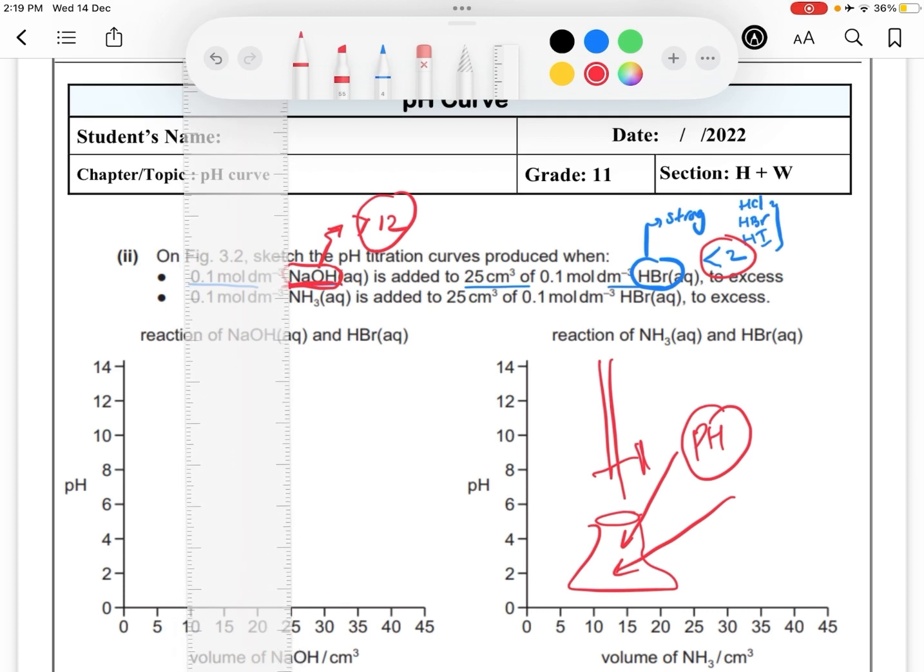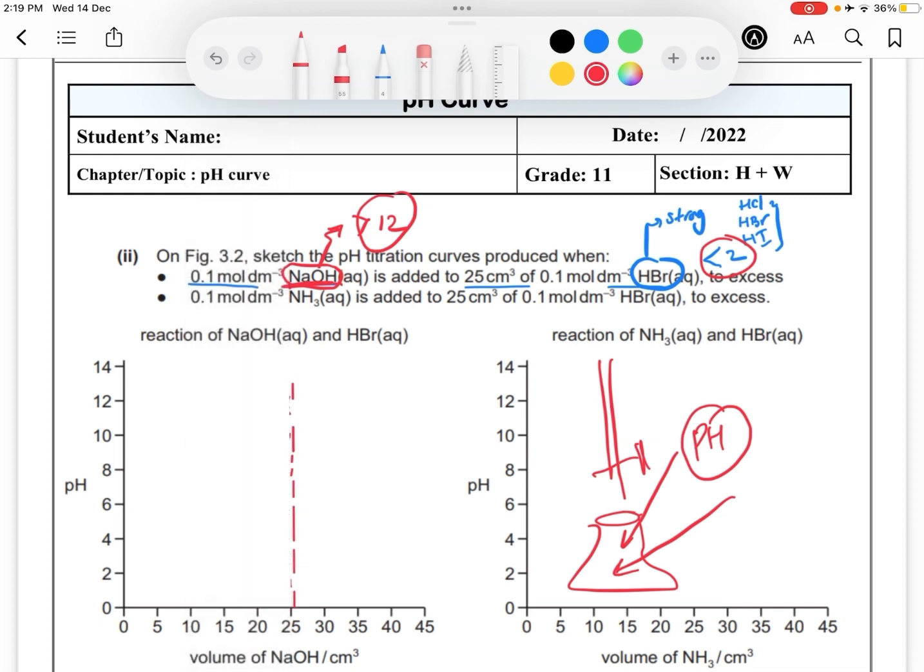Okay, so right here, the pH meter starts reading from a pH which is less than 2, and suppose that we started from here, which is 1, since it's a strong acid. Then we notice that the final pH must be greater than 12, and we move like this.